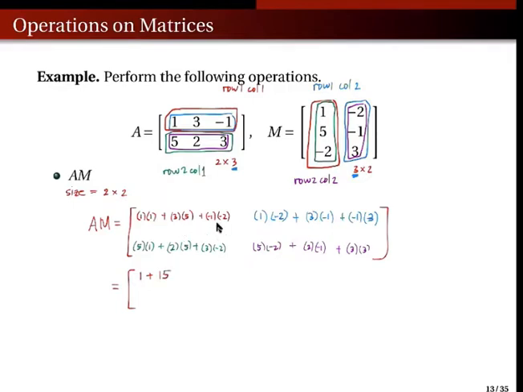And then plus negative 1 times negative 2, that's positive 2. And then in this guy here, you have 1 times negative 2, that's negative 2. And here you have 3 times negative 1, that's minus 3. And then here negative 1 times 3, that's minus 3 again.